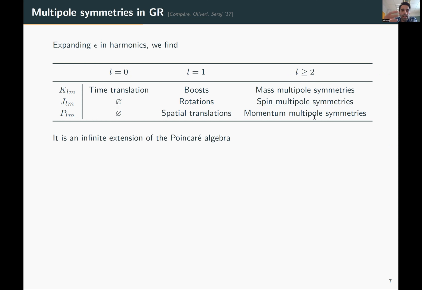So we see that this provides an infinite extension of the Poincaré algebra, but note that this set is not an algebra under the Lie bracket because the commutator of two harmonic vectors is not a harmonic vector anymore. But you may be able to define a modified bracket which closes this algebra.